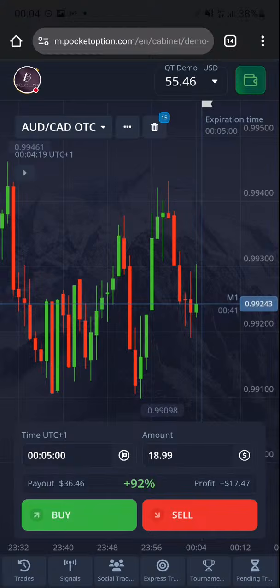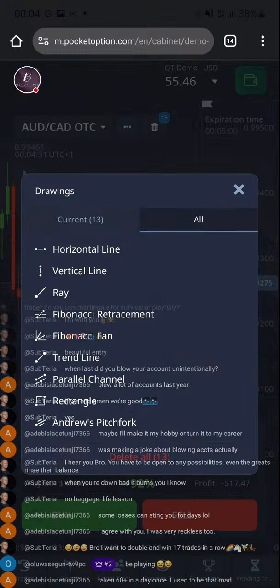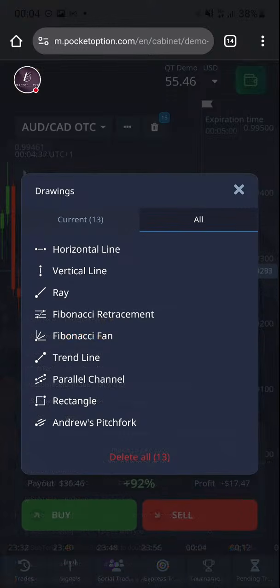Even back then when I used to start, when I used to practice with those tournaments, my first target was to get to 30% of my balance. Some people have taken more than 60 trades, some even 90 trades.